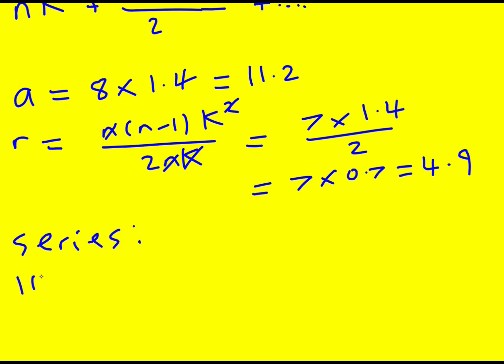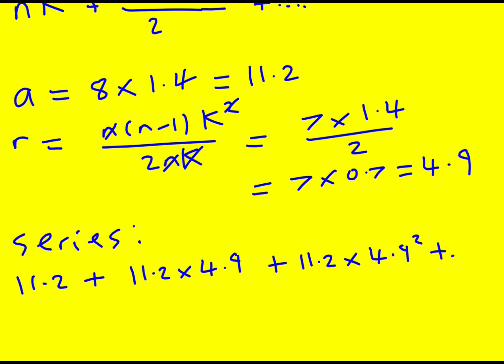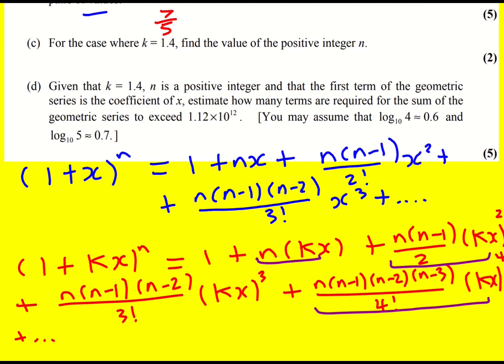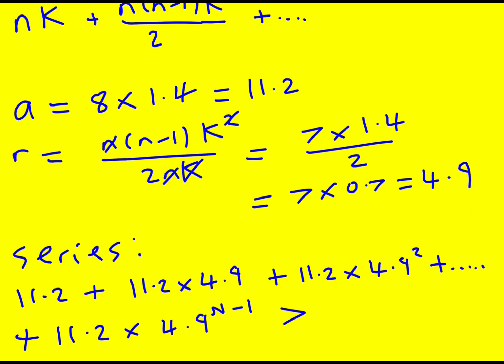So it's going to be 11.2 plus 11.2 times 4.9 plus 11.2 times 4.9 squared, and so on. But we're interested in the nth term, so it's going to be 11.2 times 4.9 to the n minus 1, and we're interested in where that is greater than 1.12 times 10 to the 12.